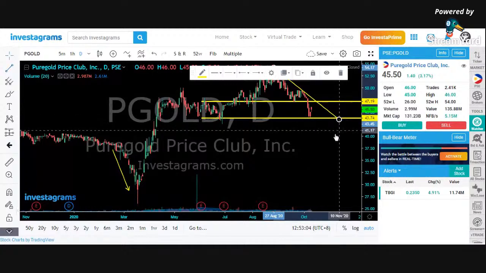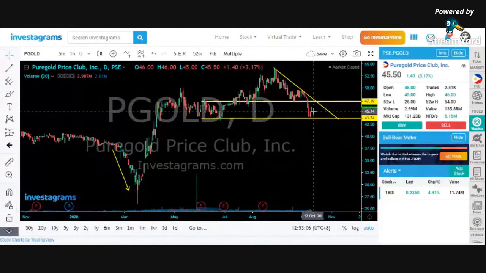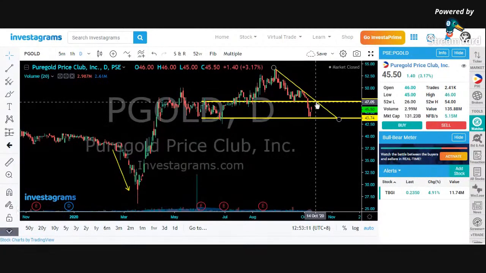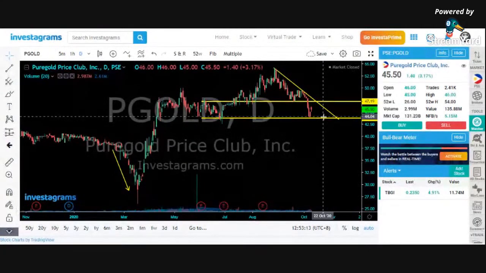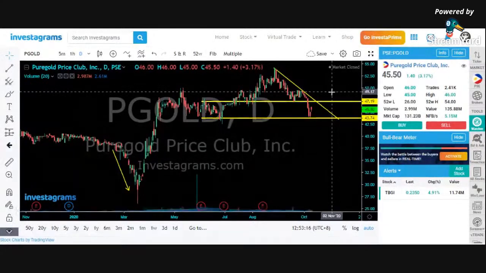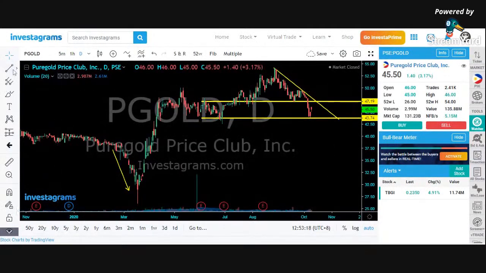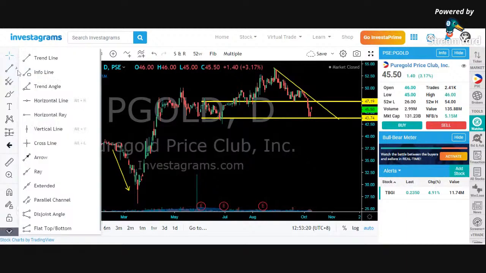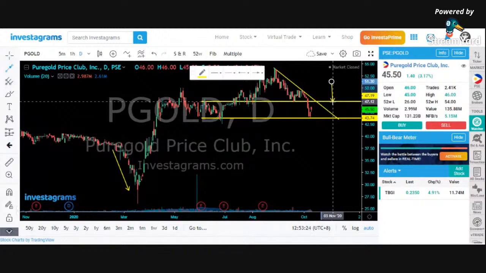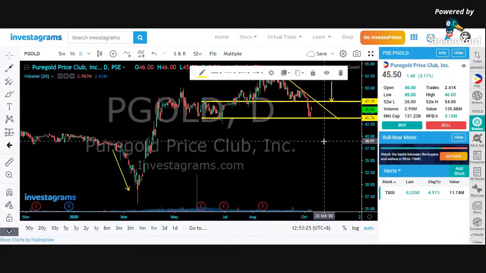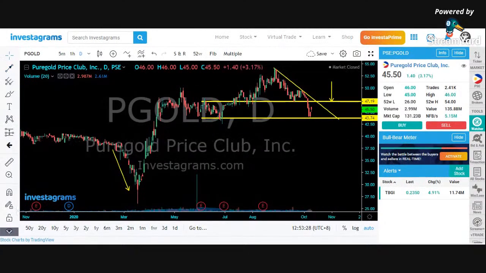So we see now that maybe there is a possibility that Pure Gold will go up here and then go down again. So that's why, as I see it, I need Pure Gold to climb to this area. If it climbs in this area, this is good for Pure Gold for me.